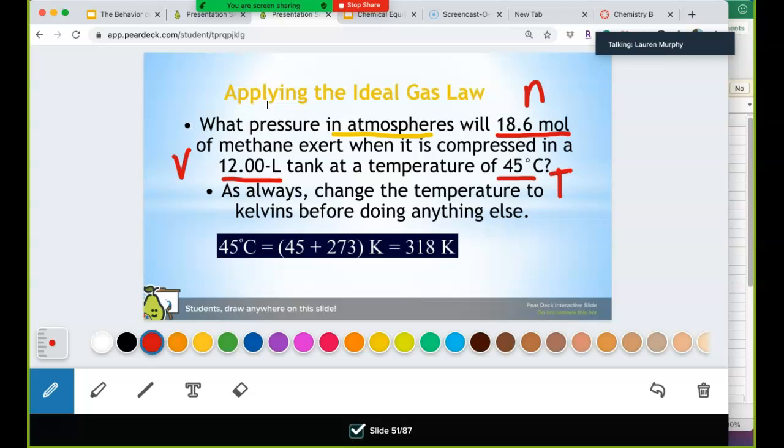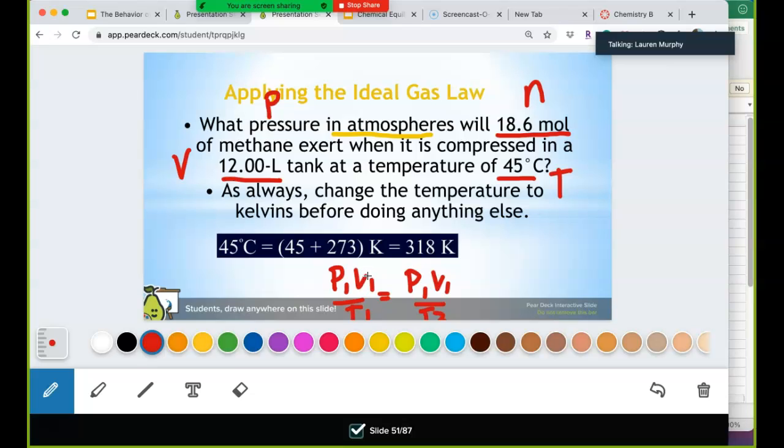Now, what pressure is P? The question becomes, why is this not helpful? Because until now, we'd been using combined gas law, or at least one version of it, right? Why is combined gas law not going to help us in this problem? In any of the gas laws you usually have two of the same thing.